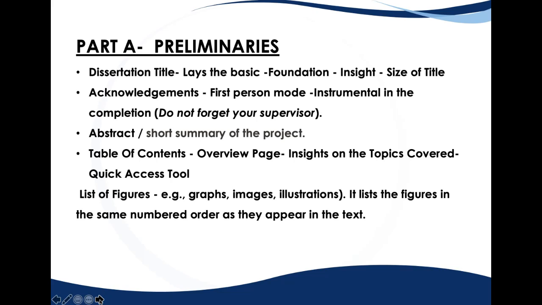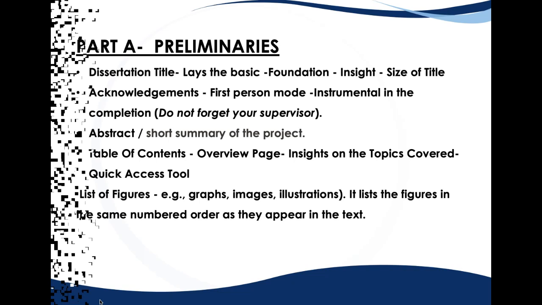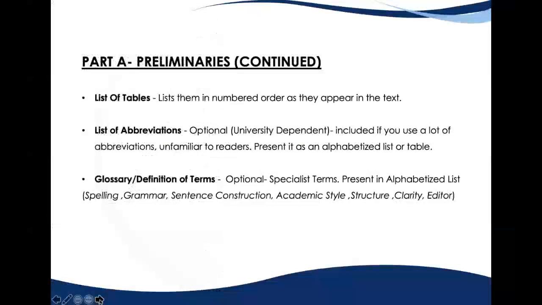Then, of course, you have the list of figures that will follow the table of contents, and this is really all the graphs, the images, the illustrations that you use. Then also under preliminaries, you have list of tables, list of abbreviations, and glossary or definition of terms that you think are critical for the reader to be aware of, because you'll be utilizing them throughout your study.